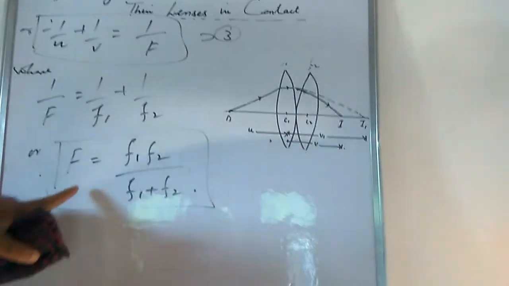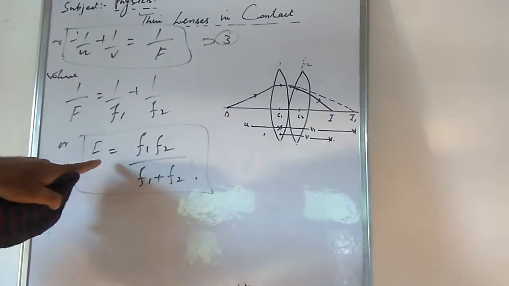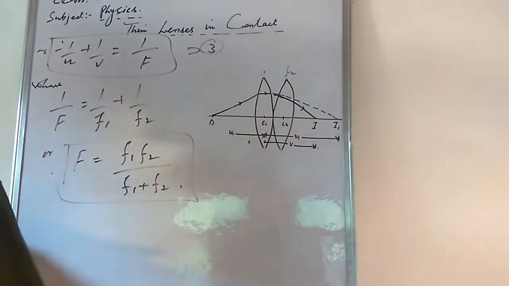Now, dear students, look here, what is this capital F? It is the equivalent focal length or the effective focal length of the combination of lenses, and it is equal to f1 f2 divided by f1 plus f2.